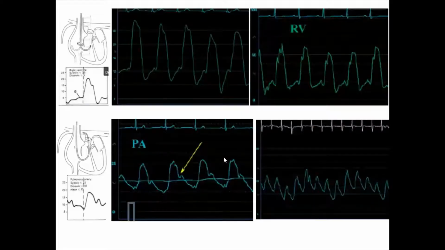So going from the right atrium, crossing the tricuspid valve, now we'll go to the RV. Bear in mind the normal RV pressure is around 25 systolic over 5 diastolic. So this is the shape of the RV hemodynamic tracing.